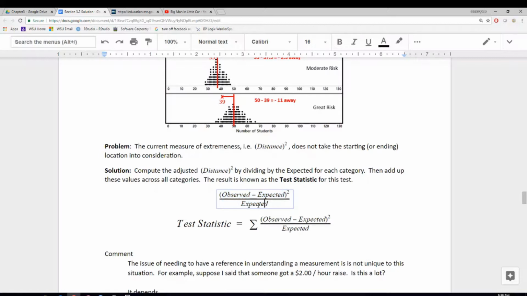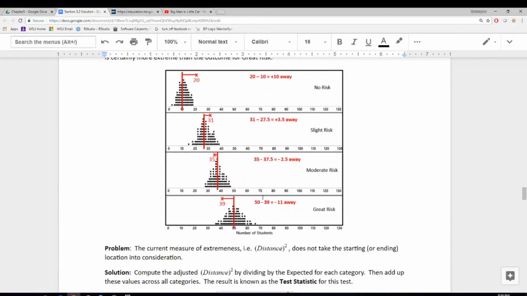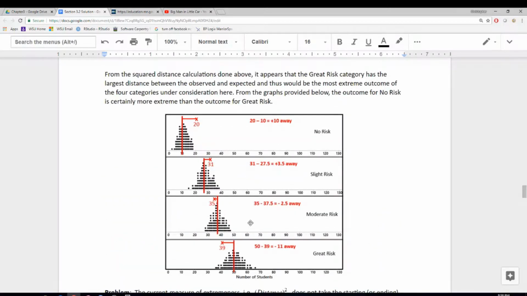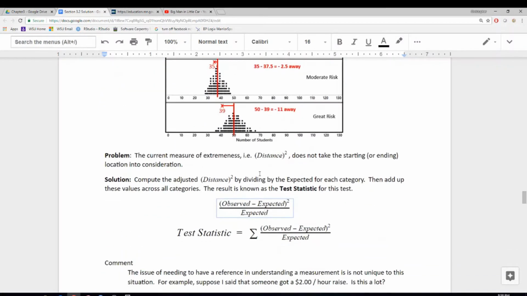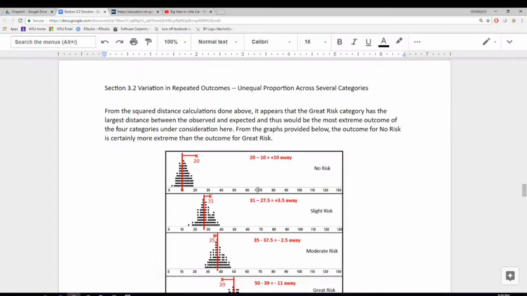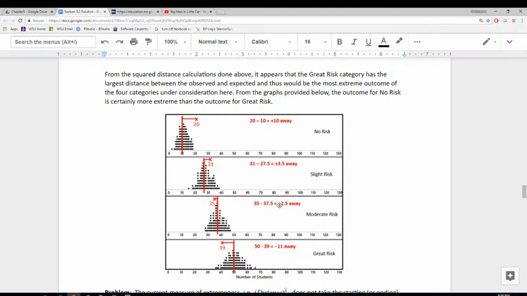I'm just going to divide that distance by the expected. I'm going to do that for every single category. So I'm going to take this distance here, which is 10, square it, so I'm going to end up with 100, and then I'm going to divide it by the expected quantity. So I would divide that by 10. And I would do that same calculation for each group.